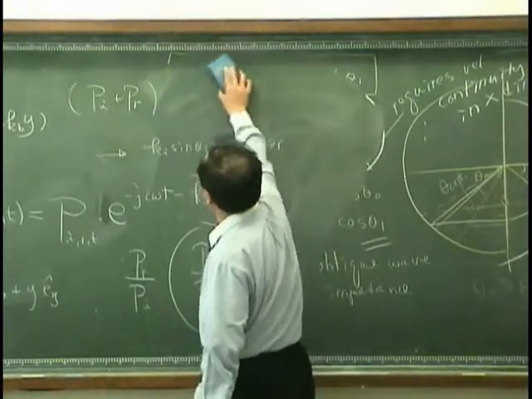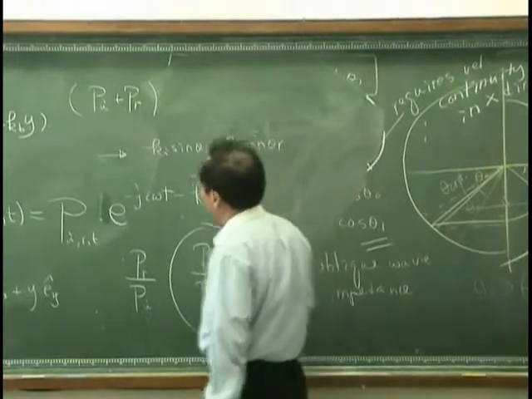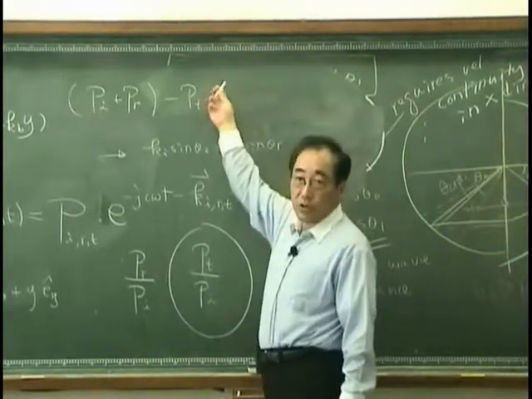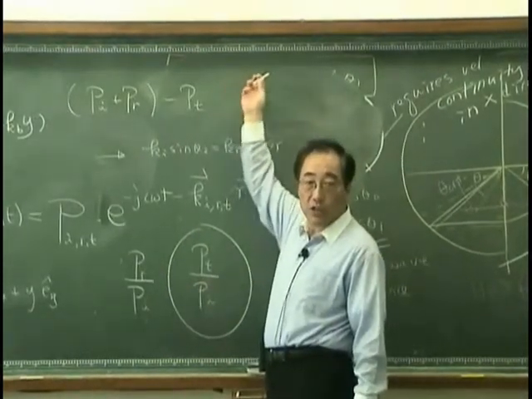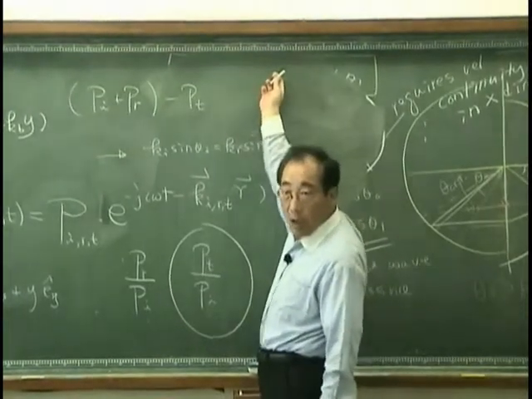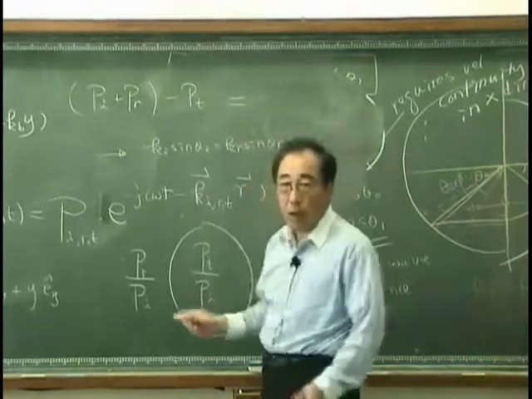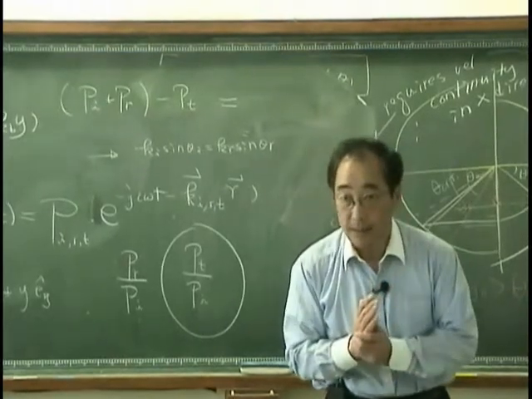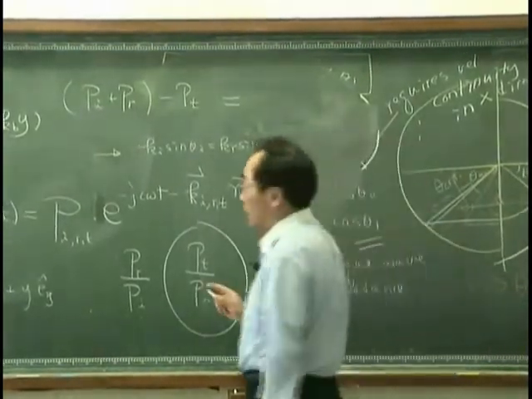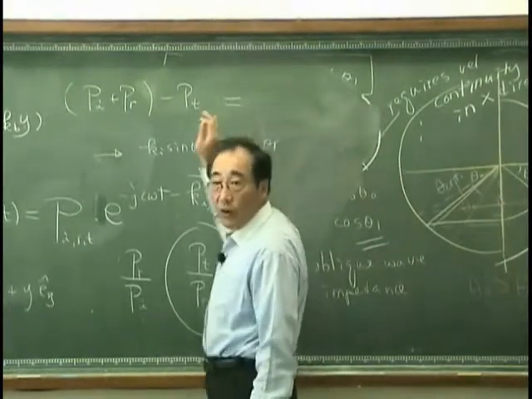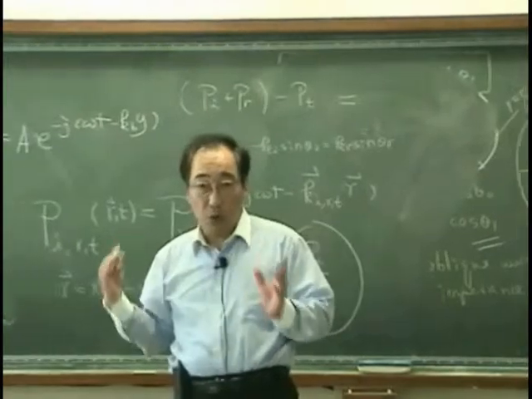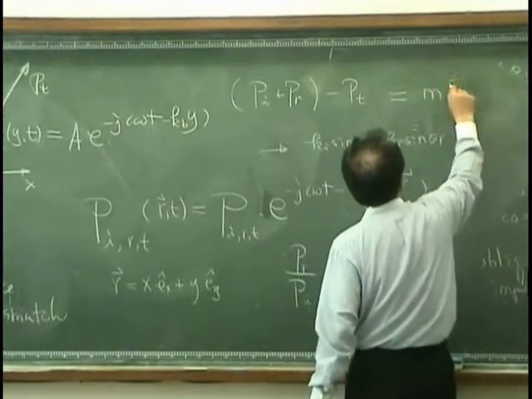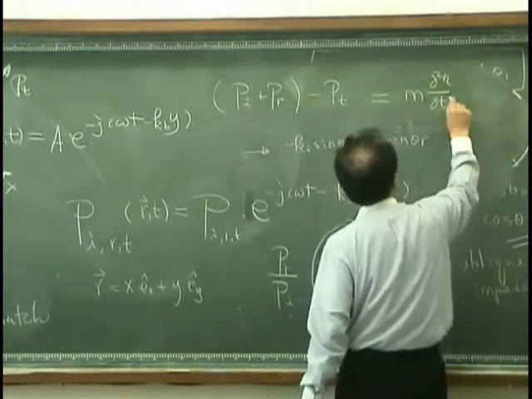Therefore I will take out all this, and then I have pressure PT, and I have also the same exponential term, exponential minus j omega t, and so on. And that has to be equal to what? That is a force, the net force acting on the plate. Okay? So I have to write here the equation that governs the motion of the plate. That is m d square eta dt square.